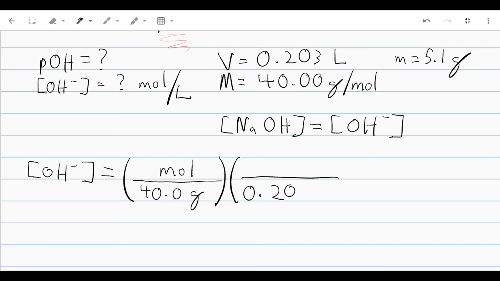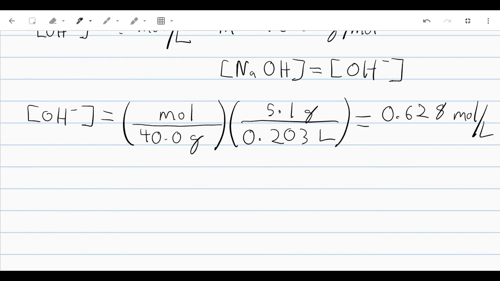Remember, that's the exact same as dividing by liters. And then to cancel out my leftover grams, I'm going to put 5.1 grams on top. This is going to give me a concentration of 0.628 moles per liter.